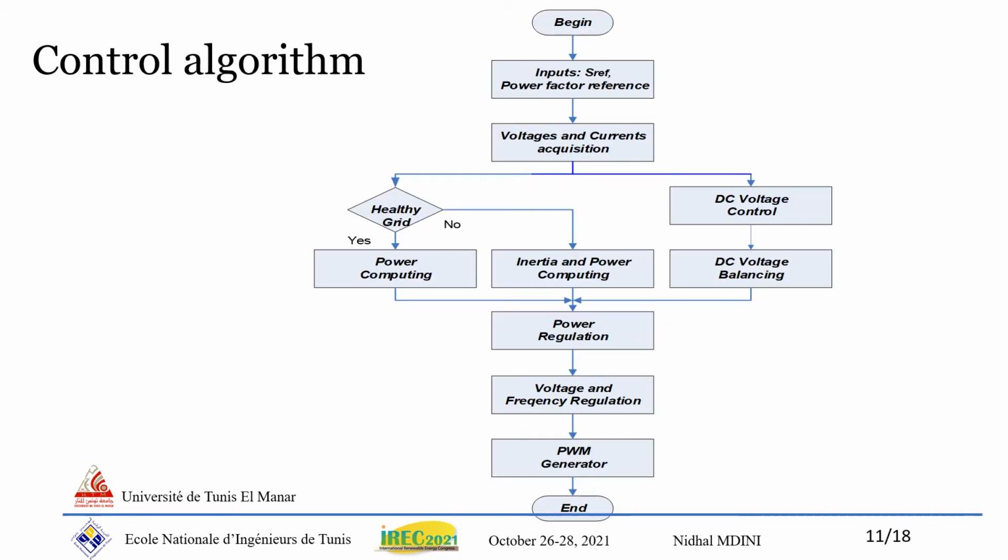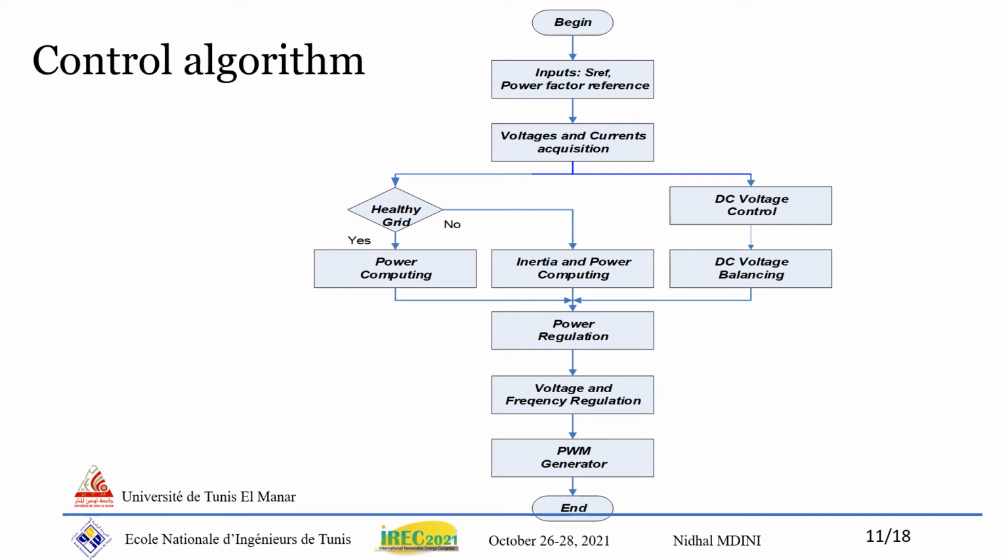The microgrid control algorithm is then described by the flowchart given in this slide. The inputs of the algorithm are the power and the power factor references, as well as the rated values of the frequency F0 and the voltage V0 of the system.